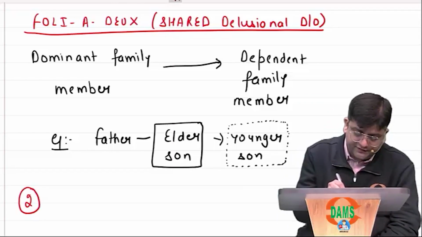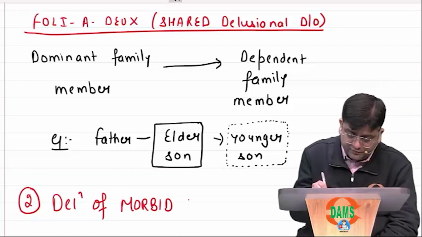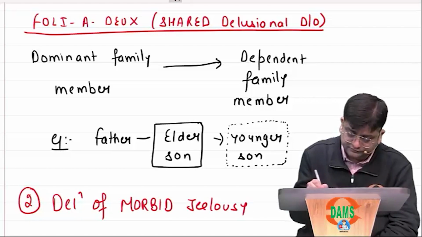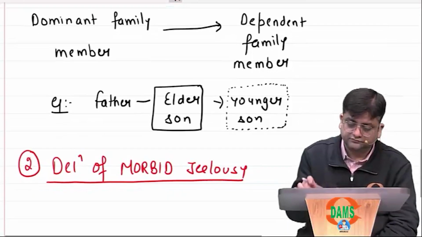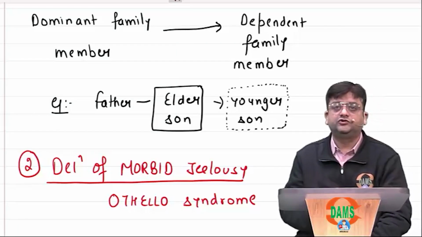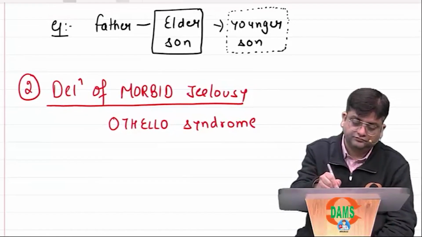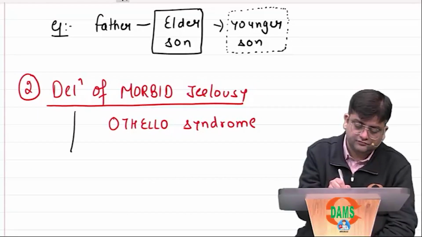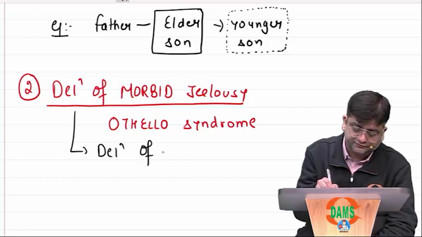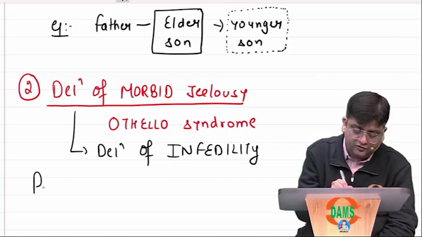The second delusion is delusion of morbid jealousy, also known as Othello syndrome, also known as delusion of infidelity.